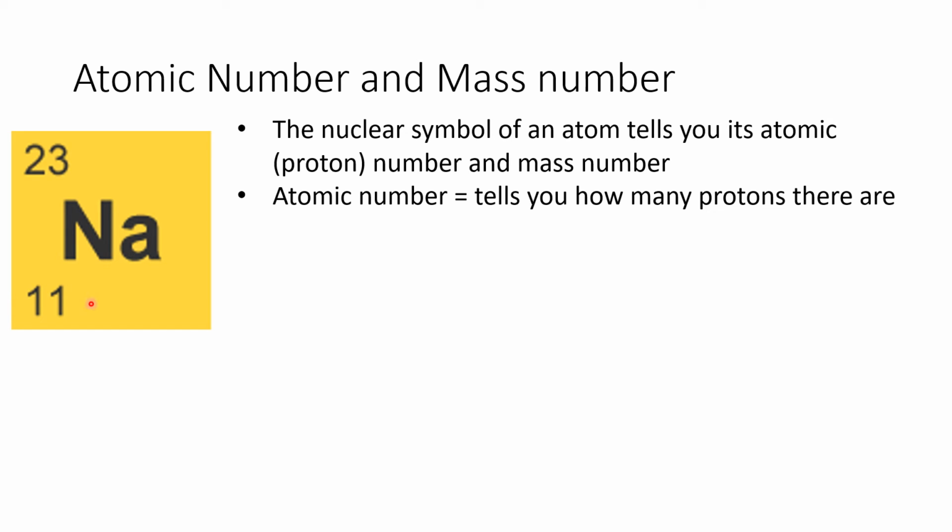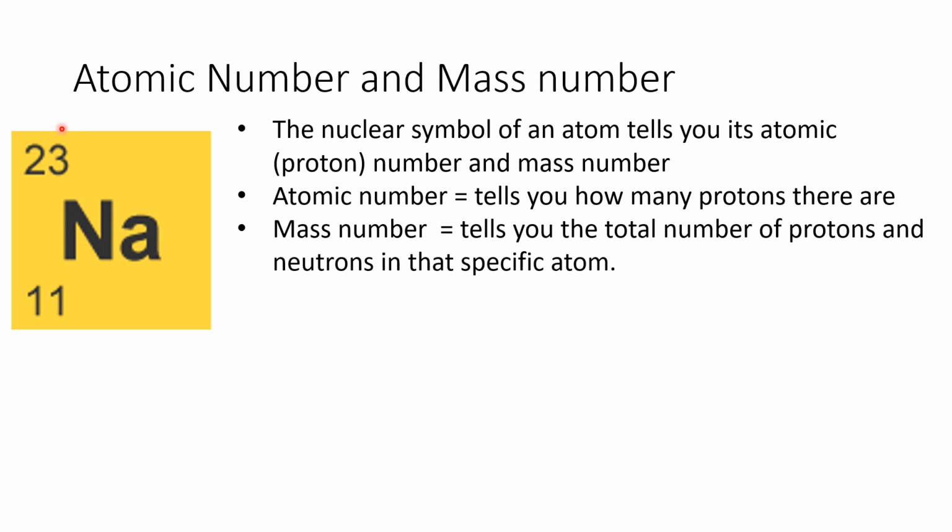In this case, we see that sodium, whose chemical symbol is Na, has 11 protons. If we remember from the previous slide, in an atom, we have the same number of protons as we do electrons. So if we have 11 protons in sodium, we would have 11 electrons as well.